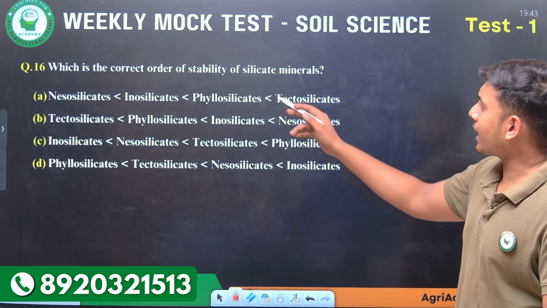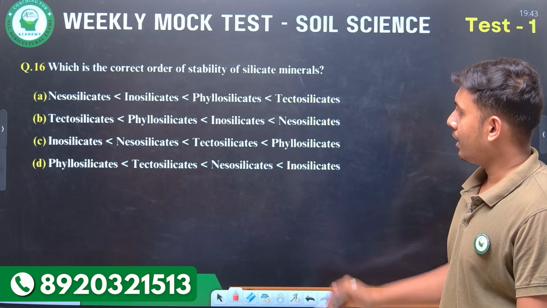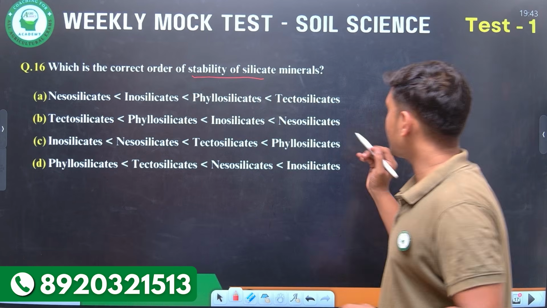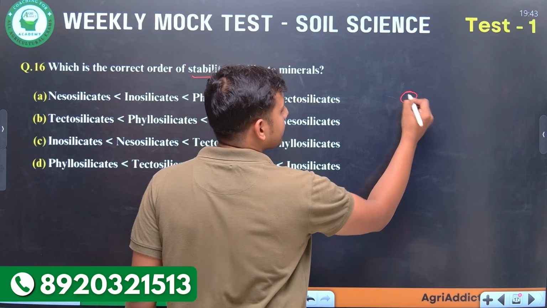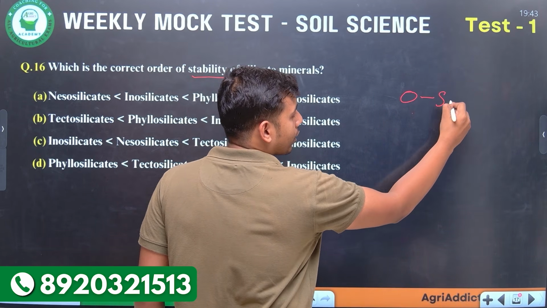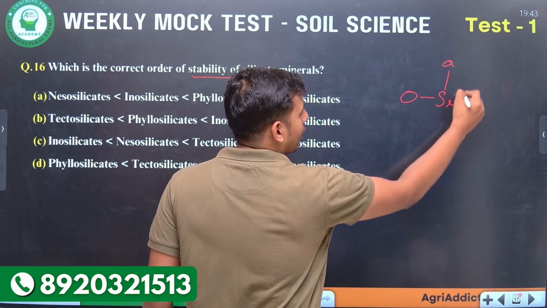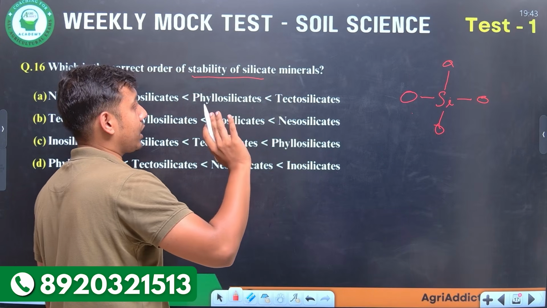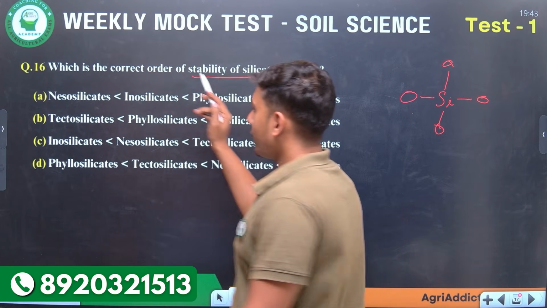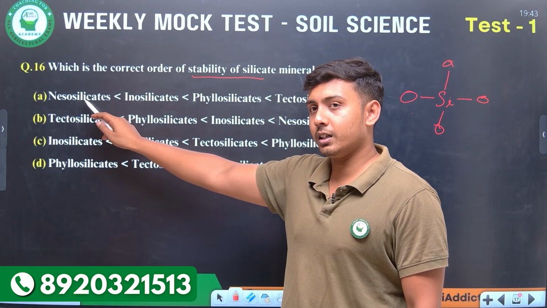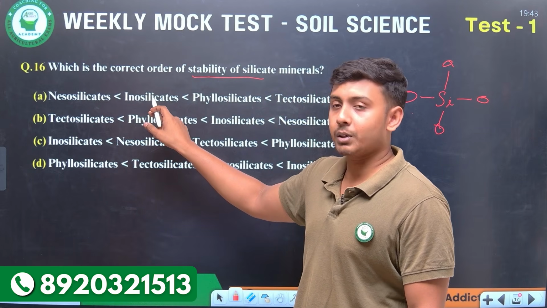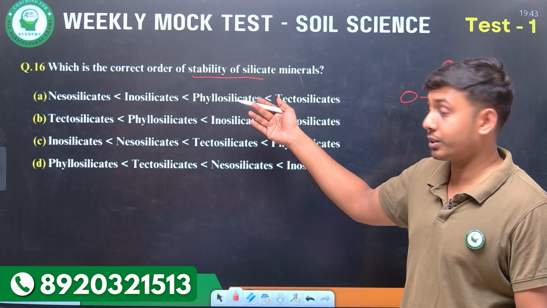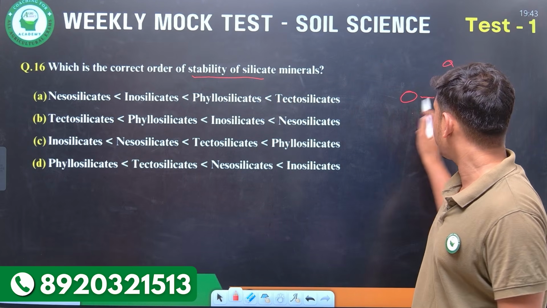Now comes the question: which is the correct order of stability of silicate minerals? Whenever stability of silicate minerals comes up, we have to consider how many silica oxygen bonds are shared with other units of the structure. For nesosilicates, no oxygens are shared. Inosilicates share sometimes 2, sometimes 3, then phyllosilicates share more oxygens. Tectosilicates share all 4 oxygens around silica.